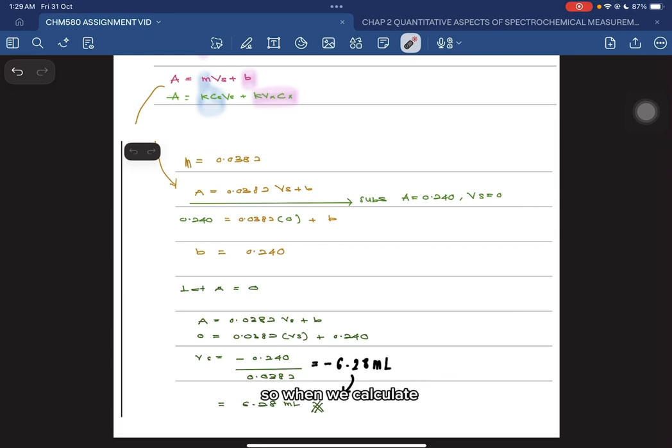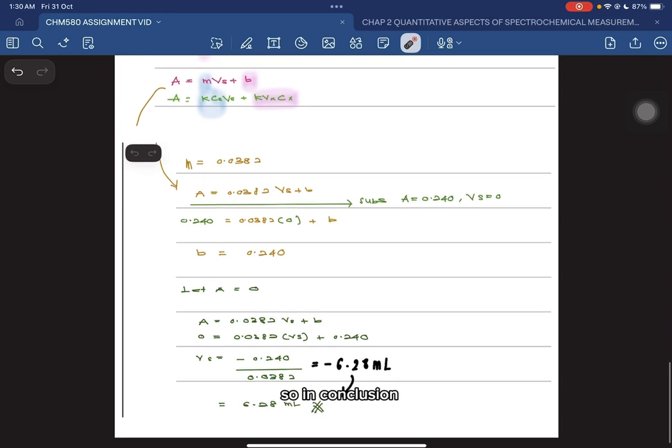When we calculate, we get negative 6.28, so the final volume is 6.28 ml. The negative volume is obtained through extrapolation, meaning it represents the theoretical volume of standard that would need to be removed to reduce the absorbance to 0. In other words, it shows the equivalent amount of Fe3+ already present in the original sample.